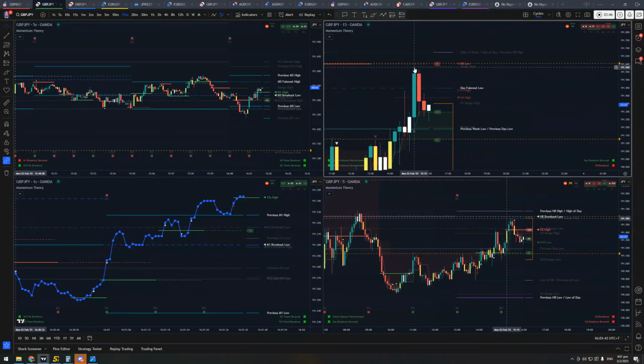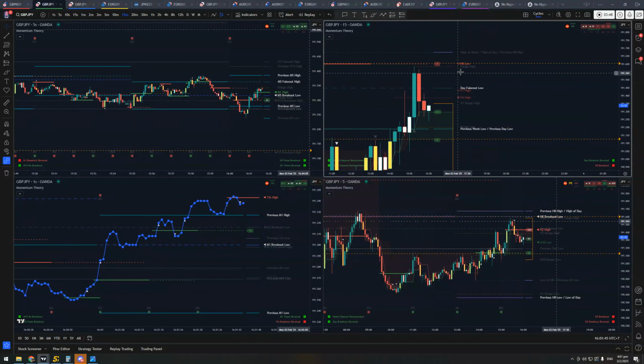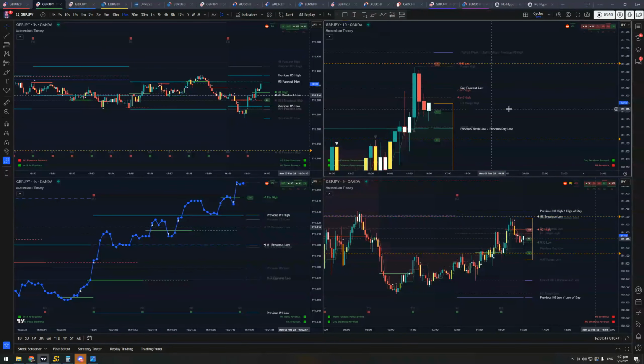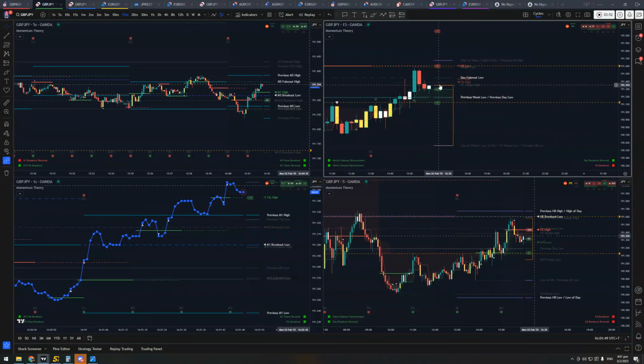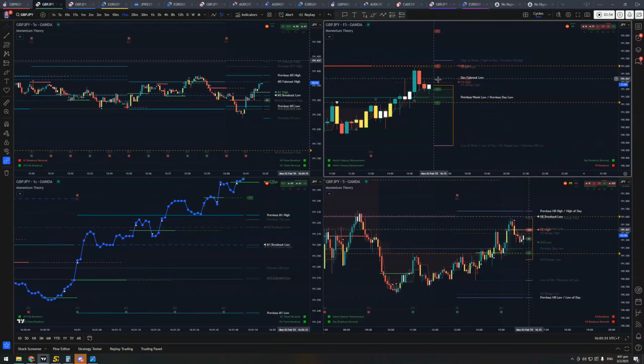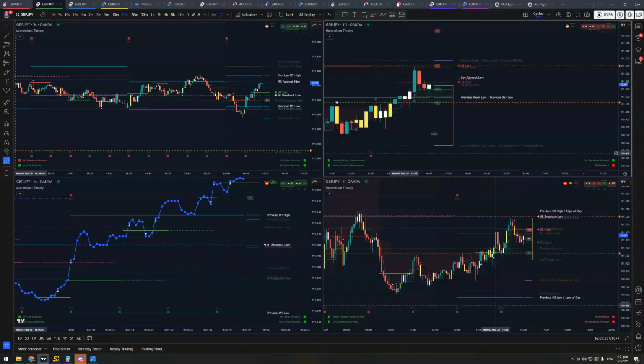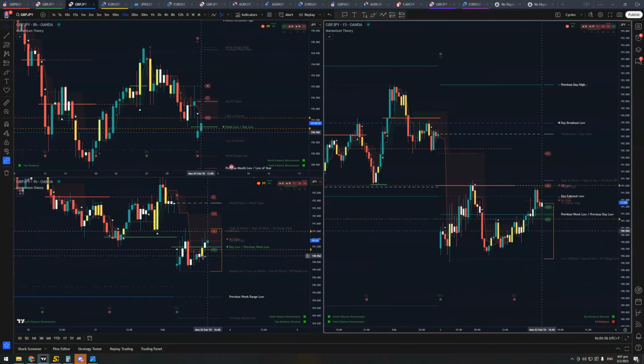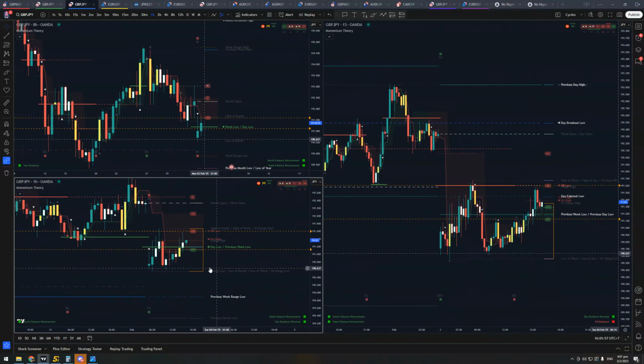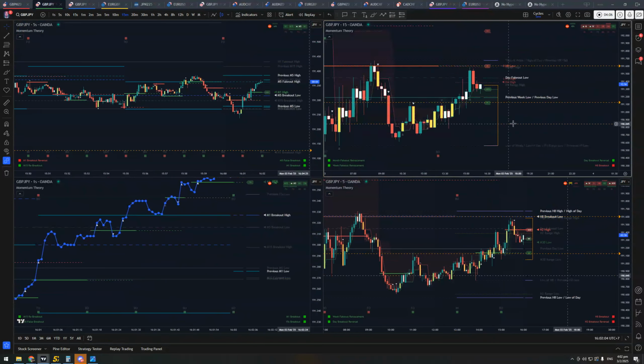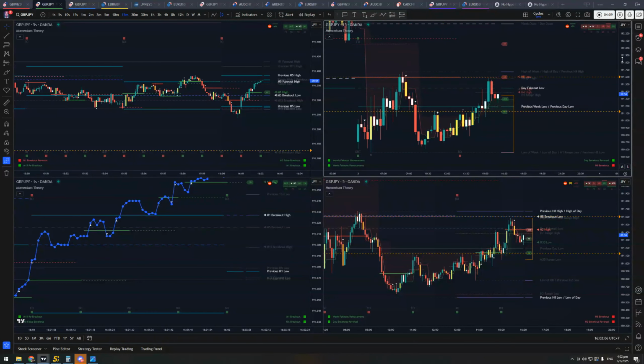So these yellow dots tell me that there's a range on this time frame. These solid lines tell me there's a range on one time frame higher, so on the H1. So I could see that on the H1 over here, outside bar, the dotted lines. Okay, nothing I can do. Just gonna wait for price to trigger one of these alerts.